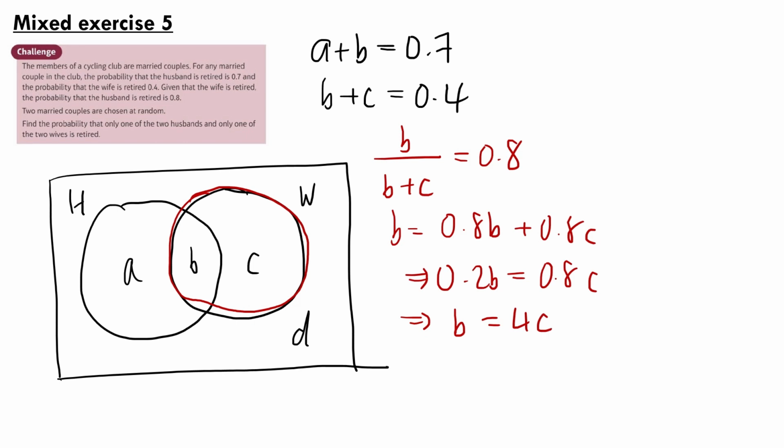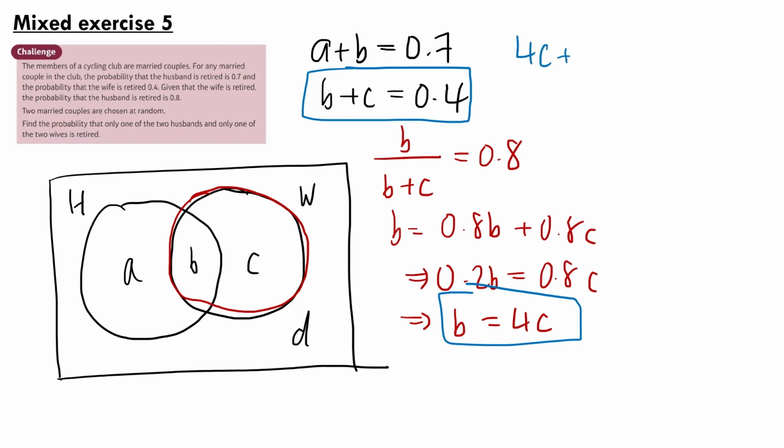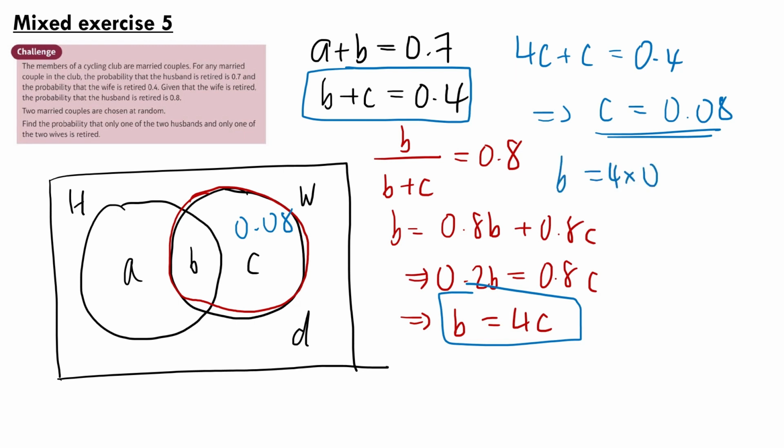So solving these two equations simultaneously, we can put B equals 4C into B plus C equals 0.4, so we get 4C plus C equals 0.4, and therefore 5C equals 0.4, so C equals 0.4 divided by 5, which is 0.08. Now we know that B equals 4C, so B equals 4 times 0.08, which is equal to 0.32.